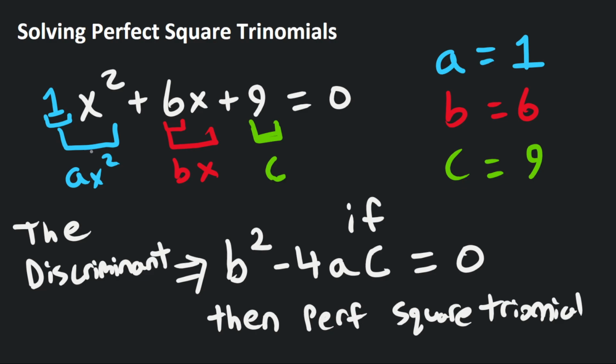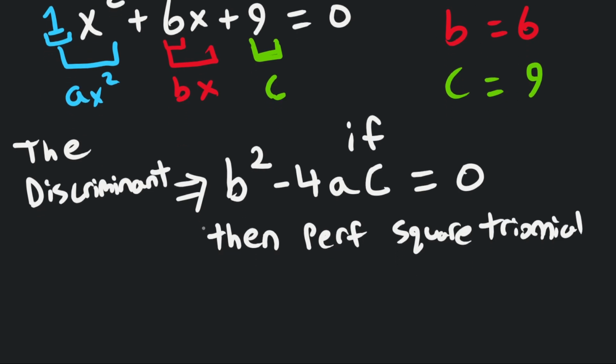So let's go ahead and test it. Does our b squared minus 4ac, does our discriminant equal 0? So let's go down a little bit. b squared minus 4ac. What is our b? As you can see right here, our b is 6, so let's plug in 6 for b. So this is 6 squared.